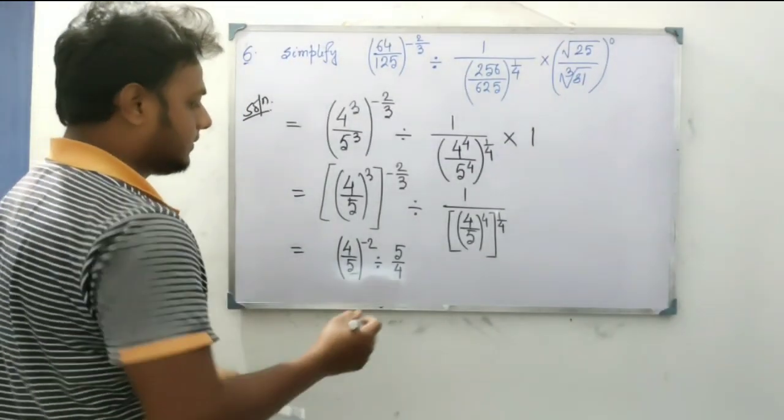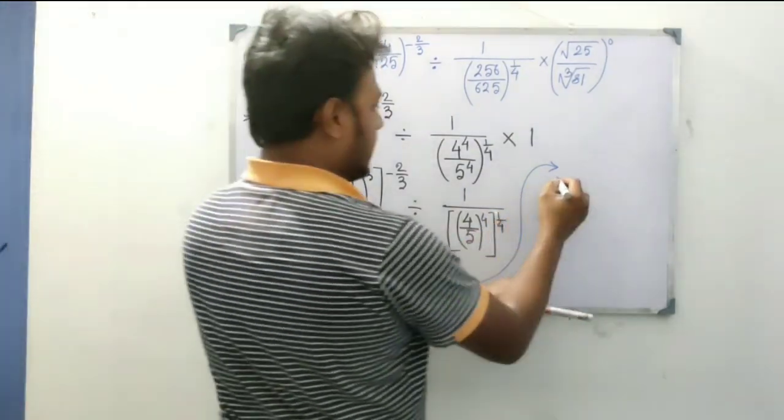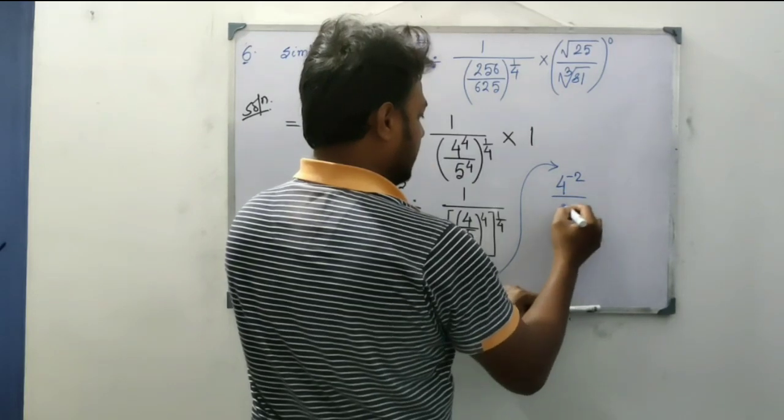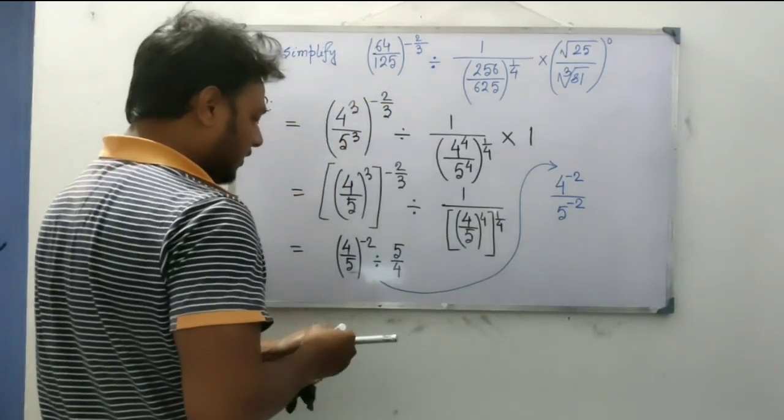Next, after this part, (4 by 5) to the power minus 2 means 4 to the power minus 2 by 5 to the power minus 2. Also you can write it in another way.